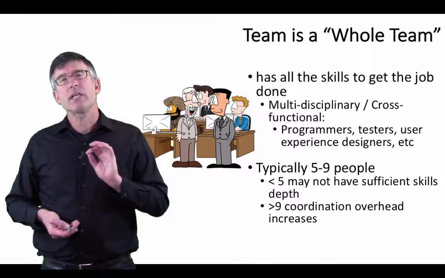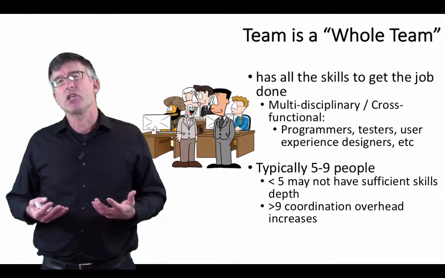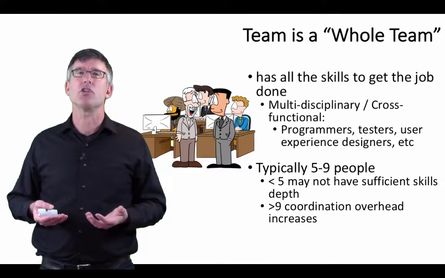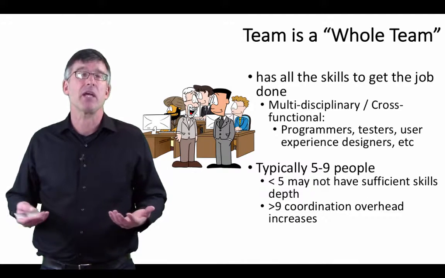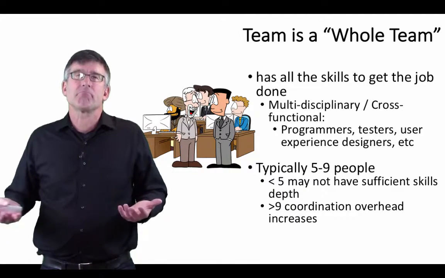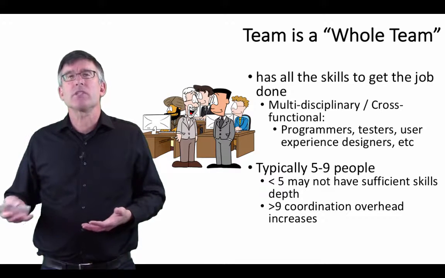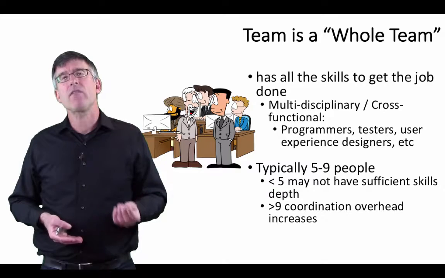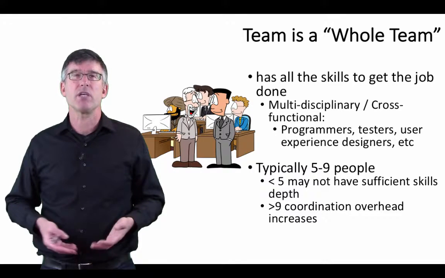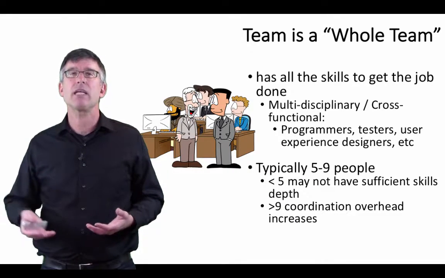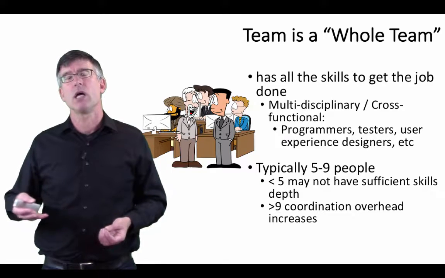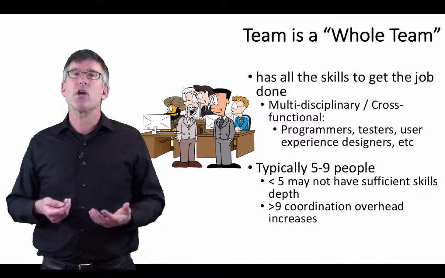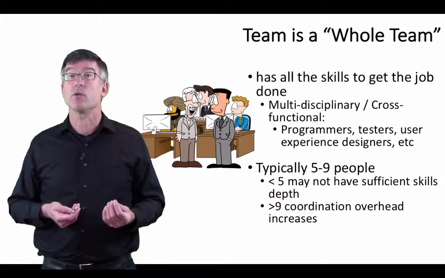The other is if we have a large team. Once you go beyond 9, you've got to start thinking about the coordination overhead and the team dynamics. For example, say you have a team of 10 or 11 people. Think about having a stand-up with 11 or more people. Think of having a planning meeting with 11 or more people, doing the retrospective. So the overhead starts becoming an issue for us.